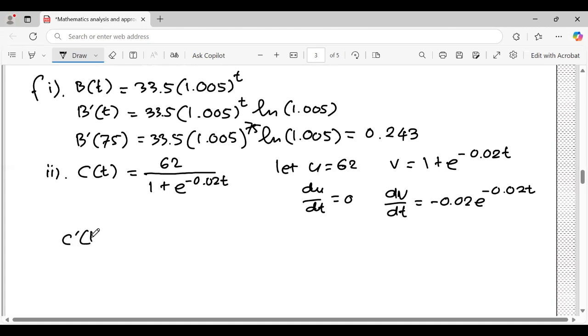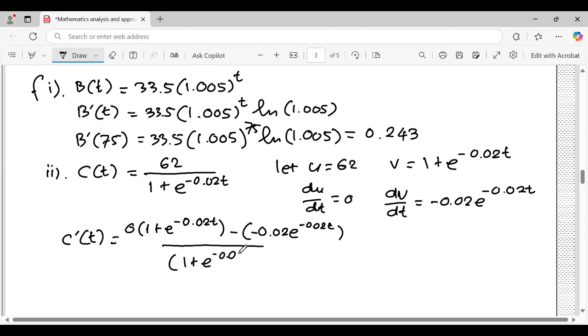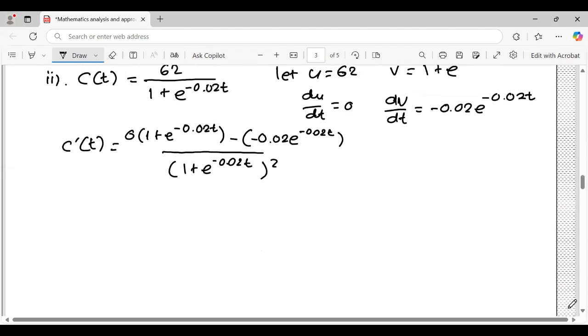So the derivative of C(t) is 0 times 1 plus e to the power minus 0.02t, minus 0.02 e to the power minus 0.02t, over 1 plus e to the power minus 0.02t squared. Sorry, this is supposed to be times 62 here.